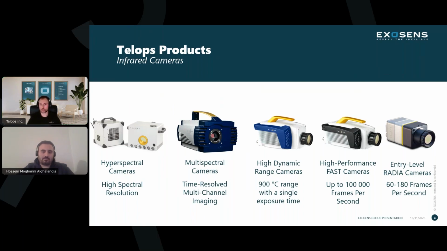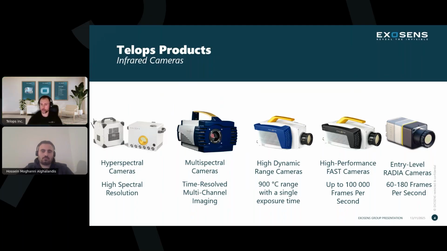And then the cameras that we're more or less going to be talking about today, a high dynamic range camera. I'm going to bring attention to this because of something I recently heard in a presentation for DIC. This camera allows up to a 900 degrees Celsius scene range within a single exposure time.